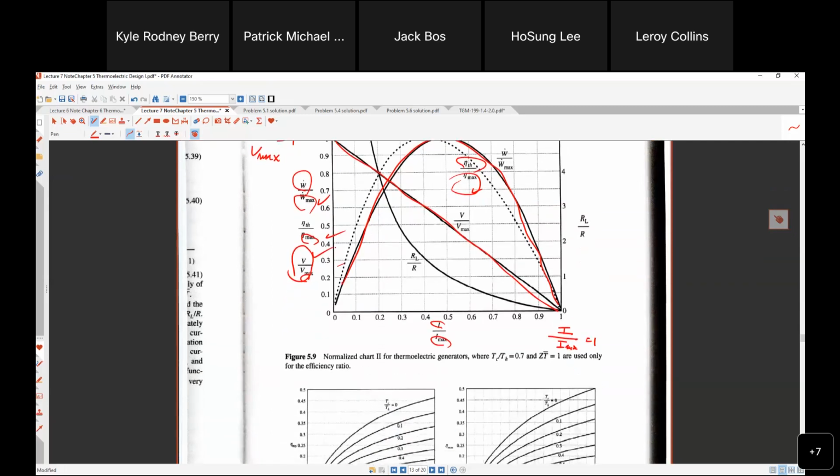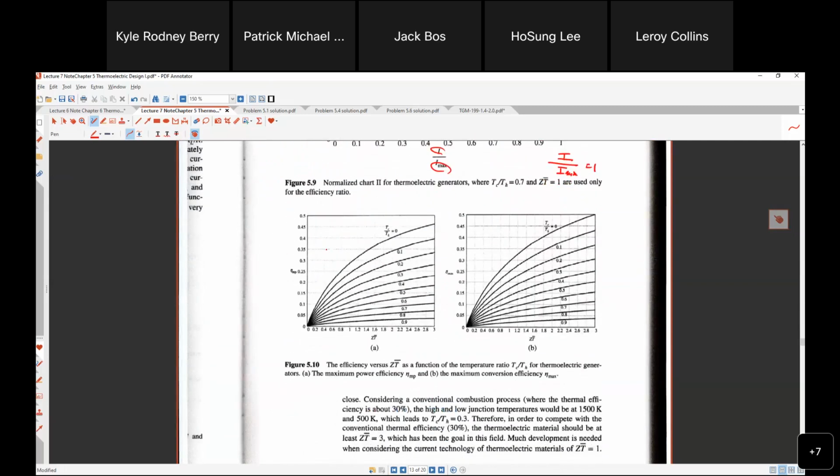Let me move on. So this is maximum efficiency and the GT value. We are using some kind of reality here, but we are looking toward a future GT of 3. Right now it is here.